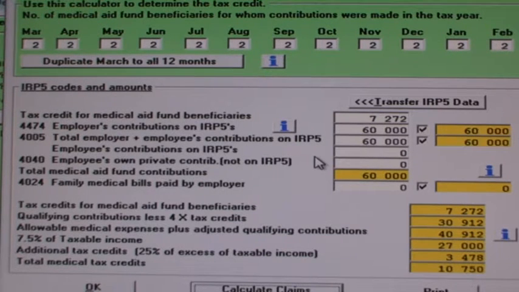We can see the amount of 60,000 Rand paid by the employer as code 4474, and we can see the code 4005 employer plus employee total amount of 60,000 Rand. So we have a total of 60,000 Rand in allowable contributions. In fact, in all our examples, you will see that the total contributions is 60,000 Rand in each case.